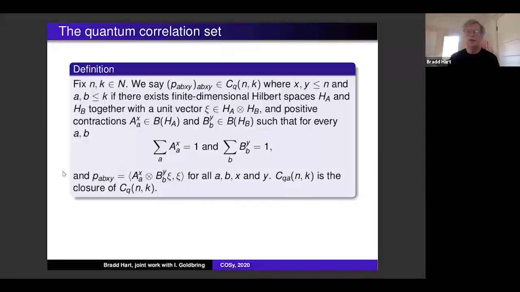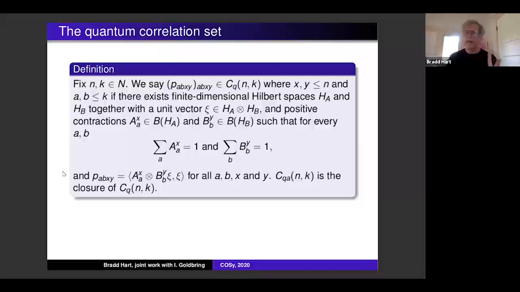The collection of all of these forms the set CQ of NK, and by work of Slofstra that set is not actually closed, so you want CQA, which is the closure of that set.